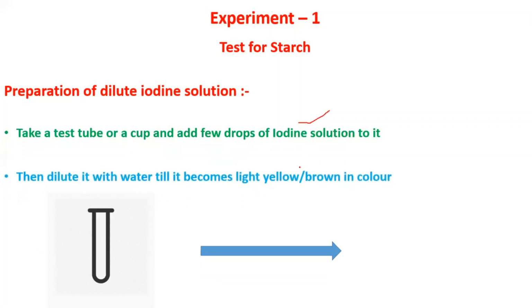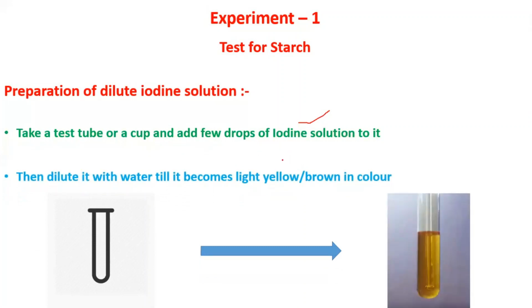Then dilute it with water till it becomes light yellow or brown in color. So the iodine solution will be dark brown or dark yellow. You need to dilute it with water, then it becomes light yellow or light brown.